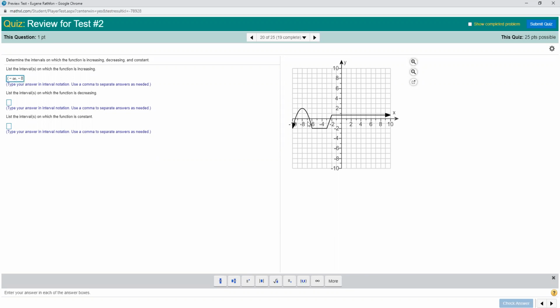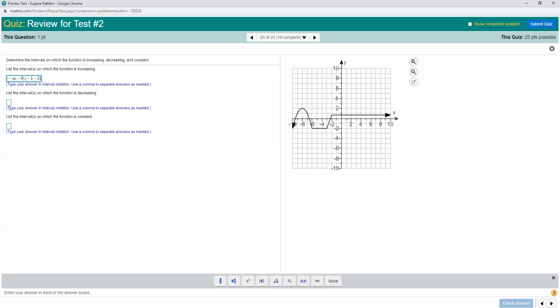Close those parentheses, and then do a comma, because see, it says use a comma to separate my answers, and then put the next interval up. So this part's increasing. It starts at this x value of -3, and then it's increasing till this x value of -2, and then close parentheses.